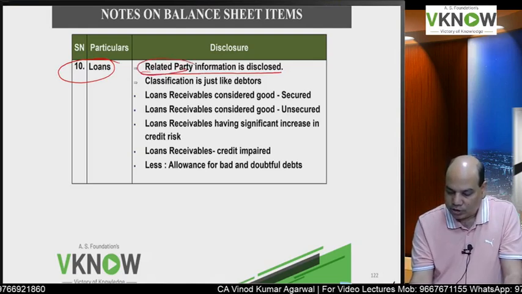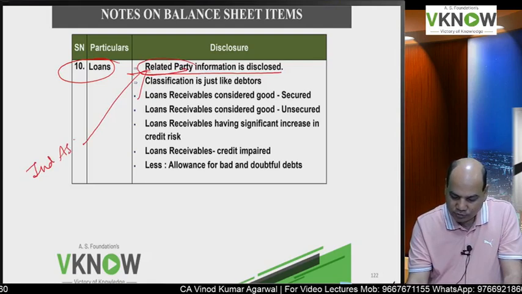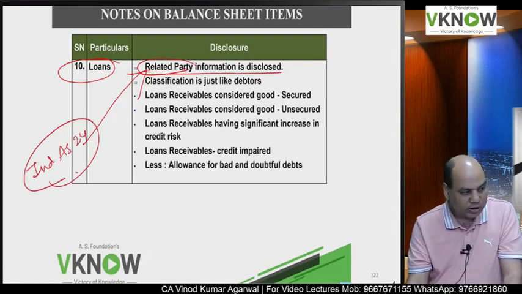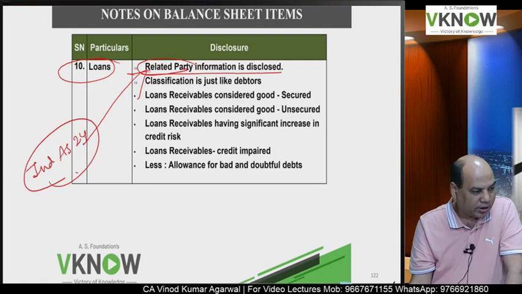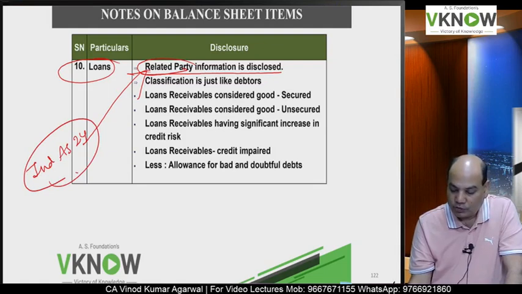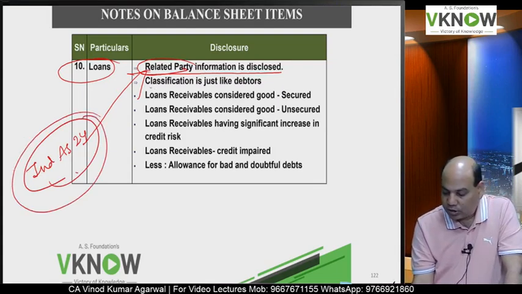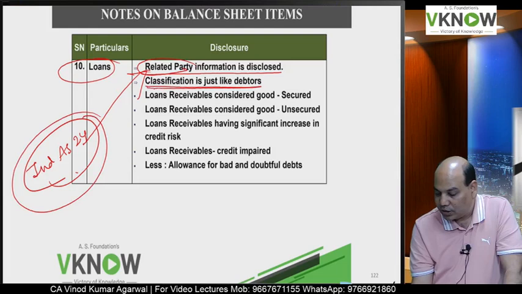Which standard deals with related party? Ind AS 24. So we will see there is a long list of related parties and they will be disclosed if you have given a loan. Same disclosure is there in this standard also. Then the remaining classification is like debtors.